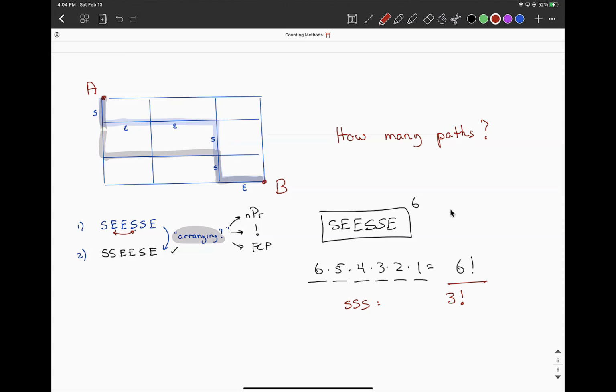Those will create duplicates. And because of the 3 E's, I can't count those. Those are also duplicates. This calculation, known as 6 factorial divided by 3 factorial divided by 3 factorial, will in fact bring it really down to a very realistic answer, which is that there are 20 paths through that diagram if you would try and count them all. Hope this has helped. Thank you.